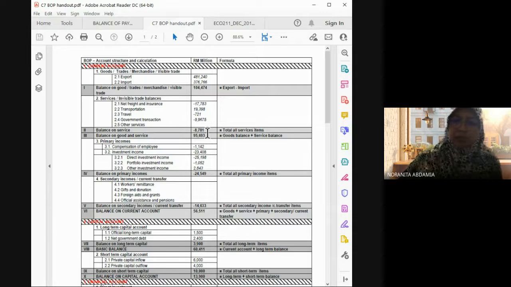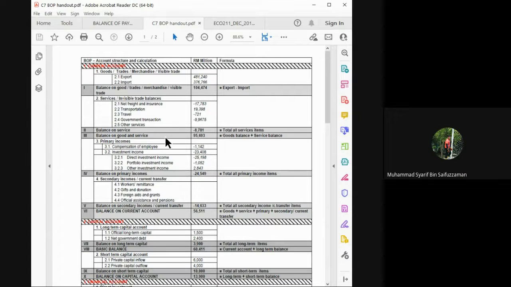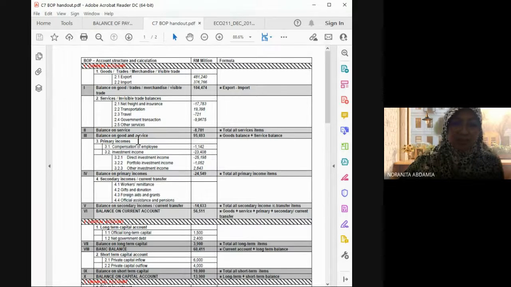But here, if you get this one wrong or this one wrong, the figures will be wrong. For the balance on goods and services, will you get the correct answer or the wrong answer? Tell me. If you give the wrong answer in the goods account or maybe in the service account, will you get the right answer for the balance on goods and services? No. So if the sub accounts are already wrong, how about the whole account, the big balance on the current account?